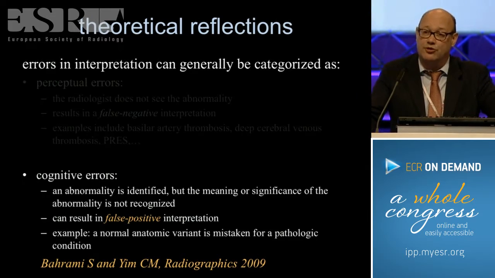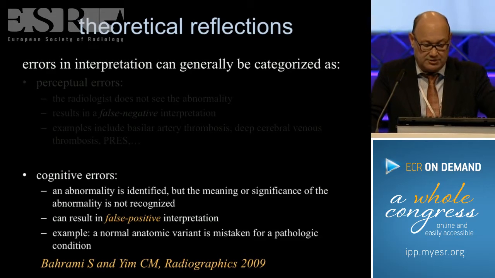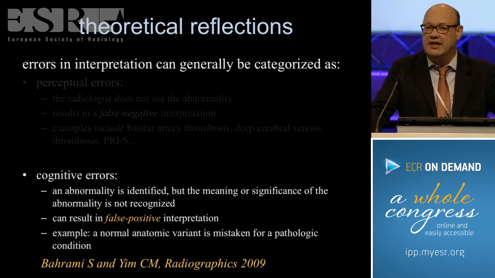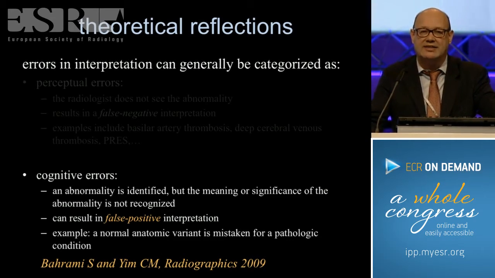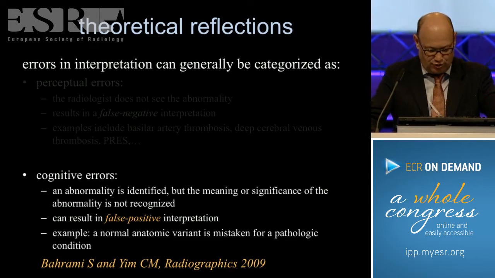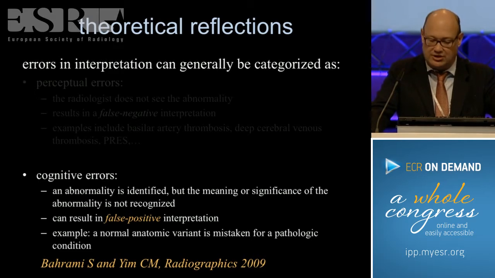The second category are cognitive errors. The radiologist is looking at the images. He sees something and he's not quite sure whether this really reflects an abnormality or it is a normal variant. Actually, this will result in false positive interpretation of the examination.